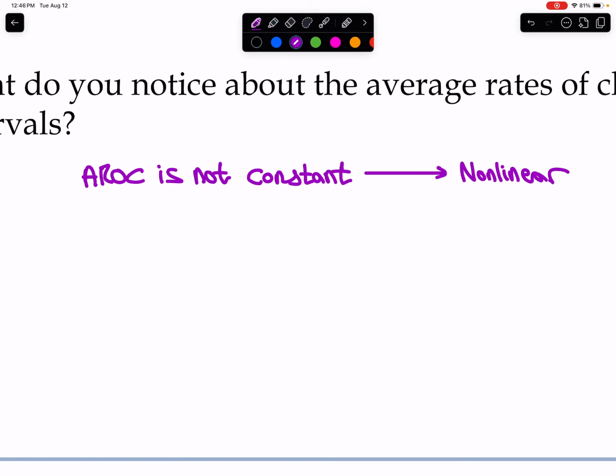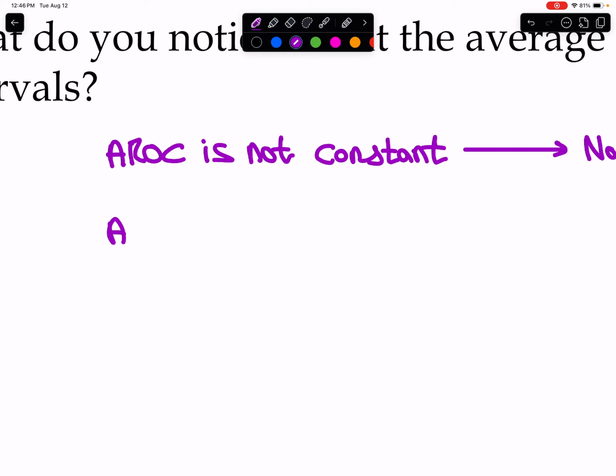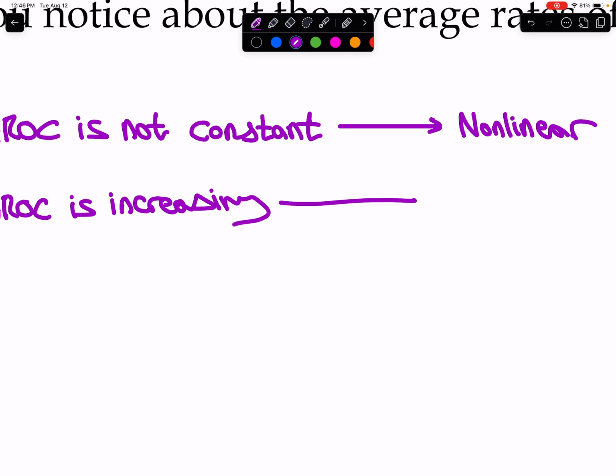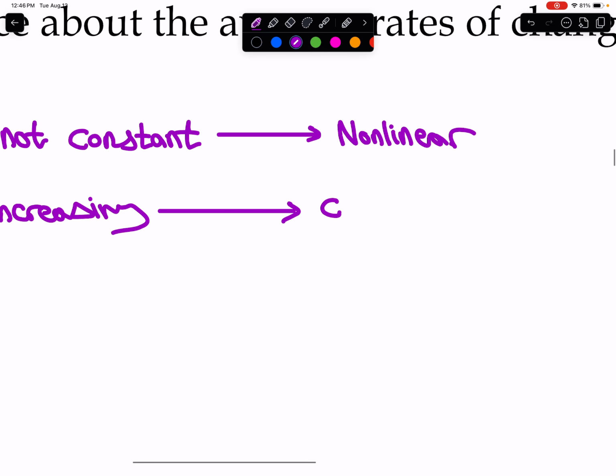And then the next thing that you also need to pay attention to is that your AROC is increasing. And if your AROC is increasing, what that tells you is that it's going to be concave up.